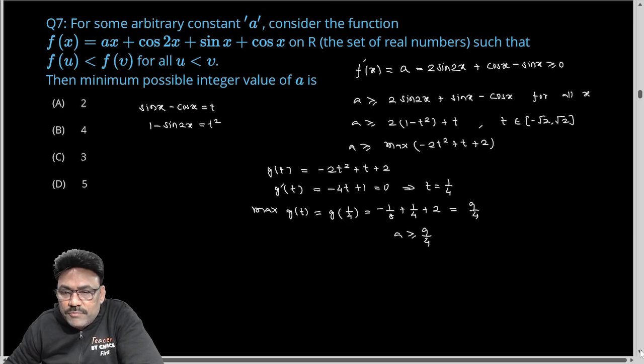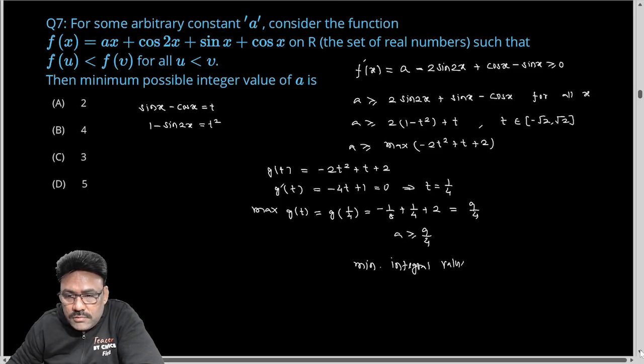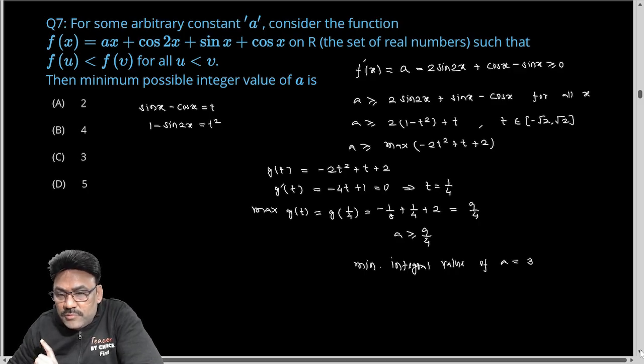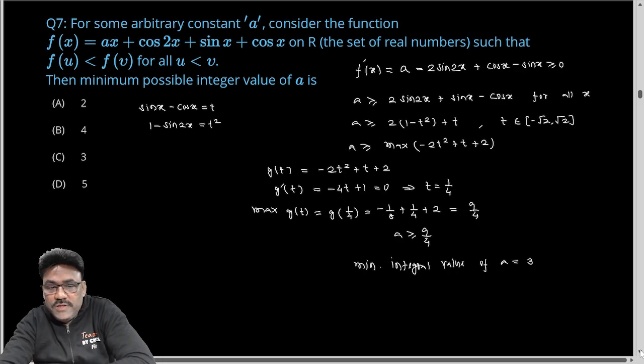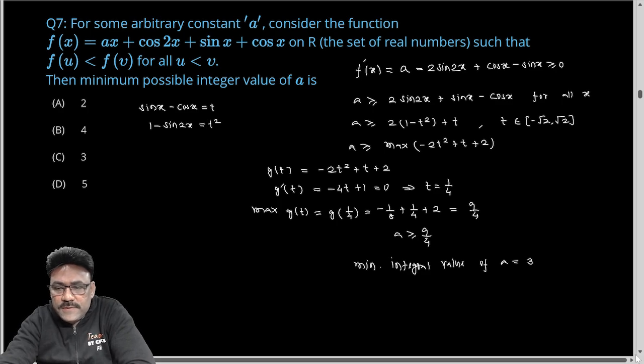So the minimum possible integral value of a will be 3. 9 by 4 is 2.25 and a must be greater than this, so the minimum a in integer should be 3, right?